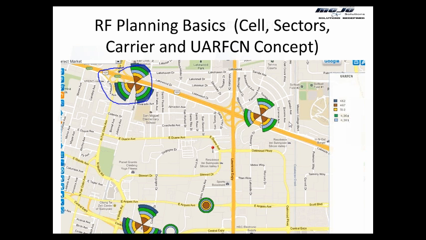I just told you this one has 12 cells. So how many does this one have? Now everybody is right. 3 sectors, 15. This one has 5 carriers, so 15 cells.